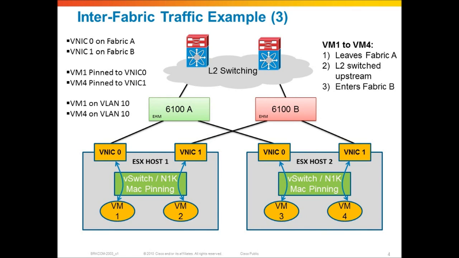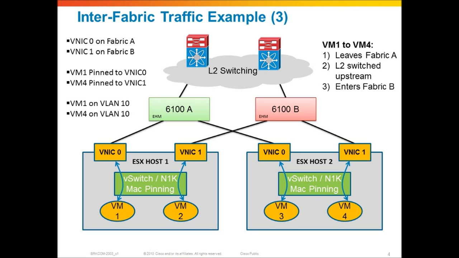Now let's take another look at interfabric traffic with virtualization. Here's another example where I've got two ESX hosts, and I've got a couple of VMs on the same VLAN again. I've got VM1 over there on ESX host 1 and VM4 over on ESX host 2.